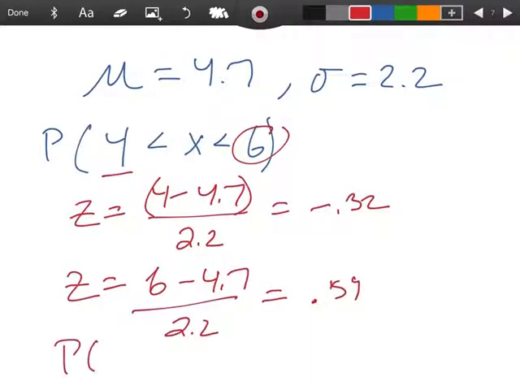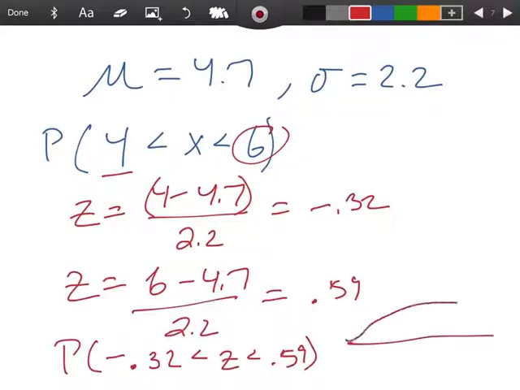Okay, so again, what does this mean? We're looking for when z is going to be between negative 0.32 and 0.59. So again, what does that mean in terms of my picture? Here's 0. So here's negative 0.32, and here's positive 0.59. We're looking for the area in the middle.